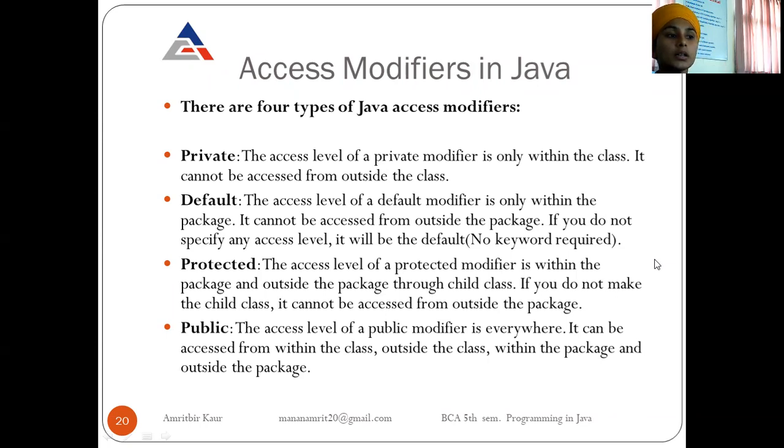Then protected. The access level of the protected modifier is within the package and outside the package through a child class. If you do not make any child class, it cannot be accessed from outside the package. So if we write the specifier protected, then it can be used inside, not outside, but only by a child.